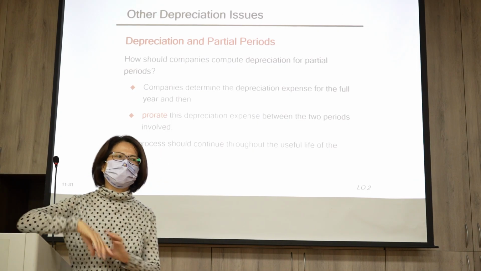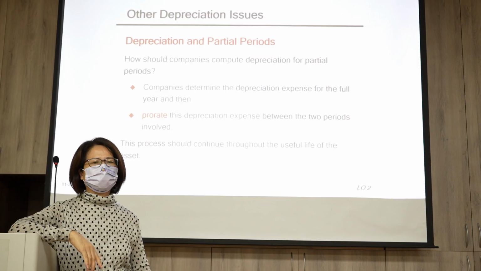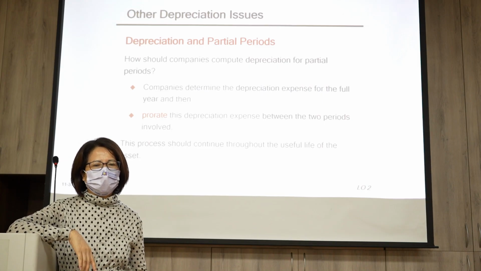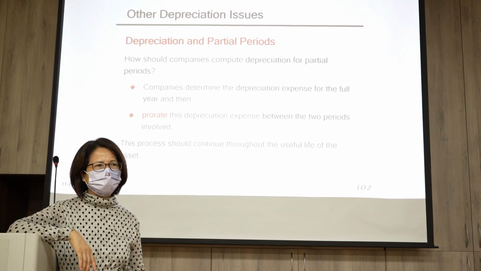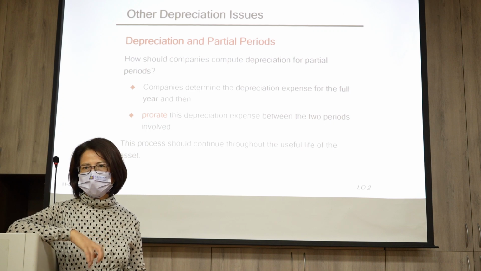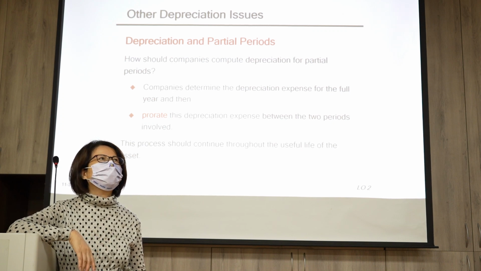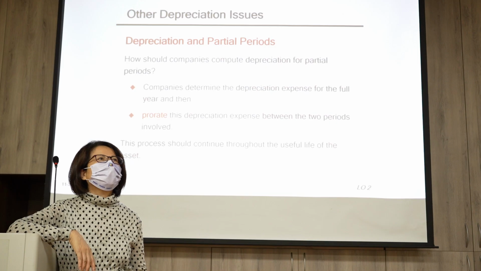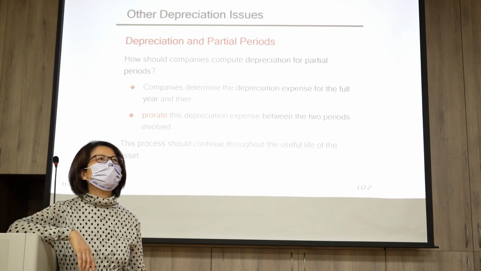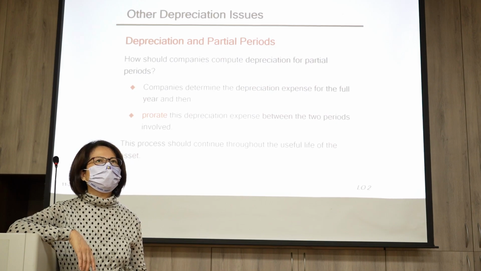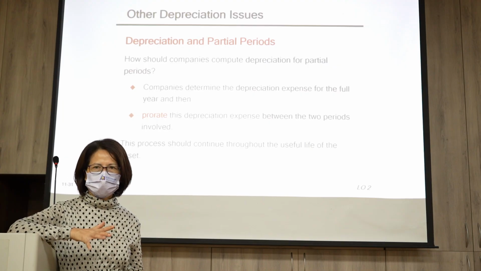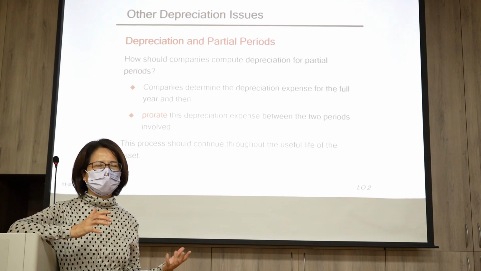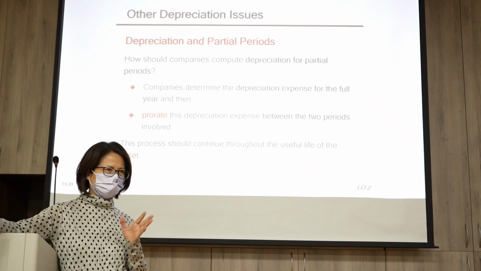In practice, I want to say something. If you have so many PPEs, because they are purchased at different times, right? They would do something like, if they are purchased before January 1st, then the depreciation will be for the whole period.